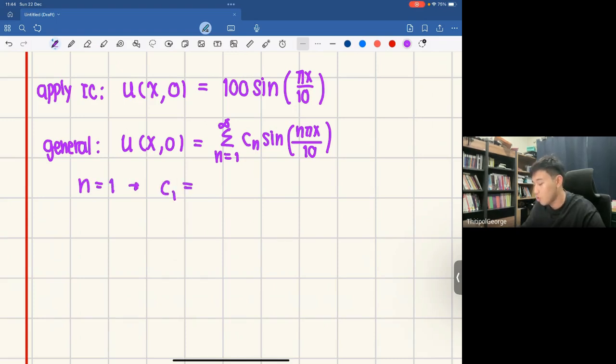So that c1 should be 100, and cn should be 0 for n more than 1. That's what we get from this.